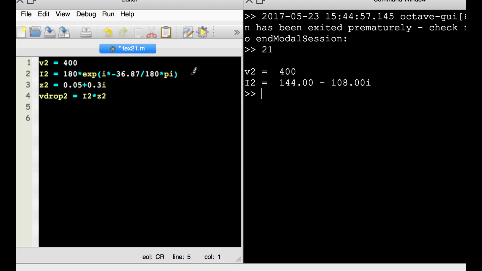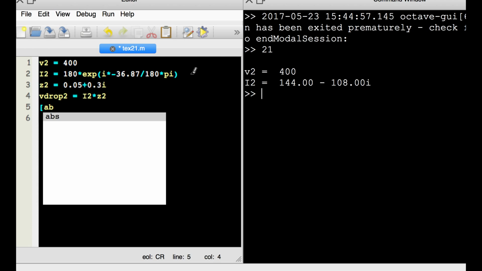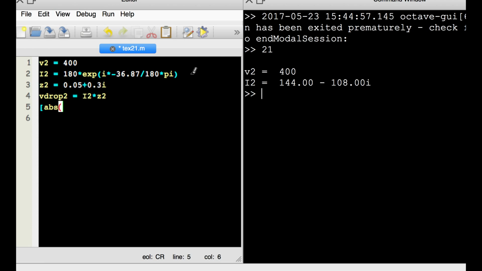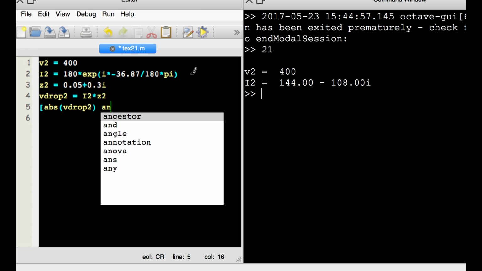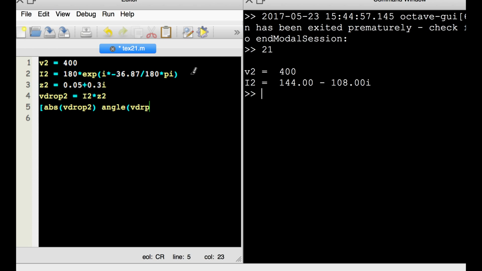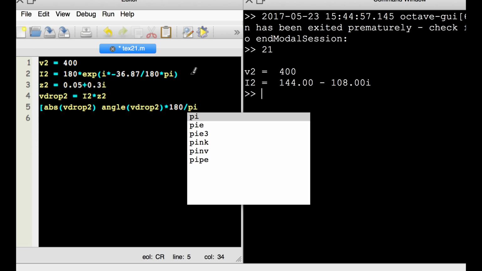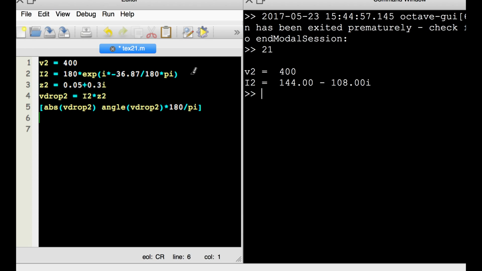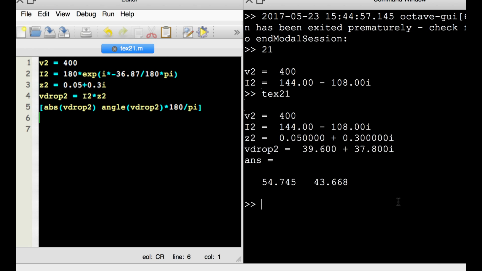To be able to draw it as a vector, I want to know the absolute value of V drop 2, and I also want to know the angle of V drop 2, into 180 divided by pi, just to convert back into degrees. So let me now run this.